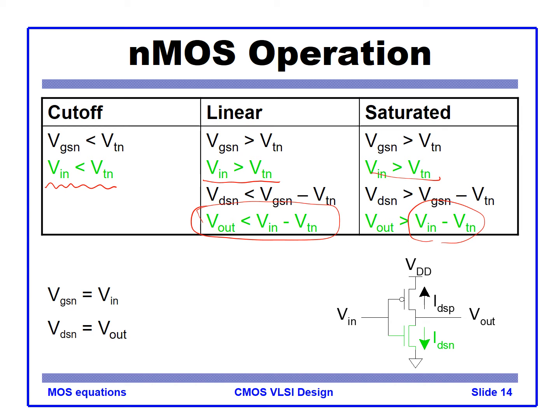Here the overdrive voltage is V in minus VTN, right?